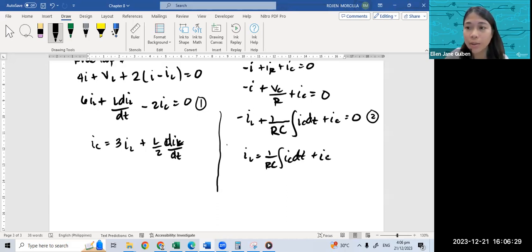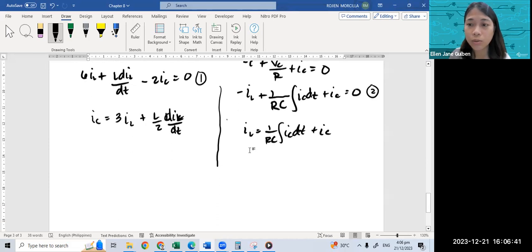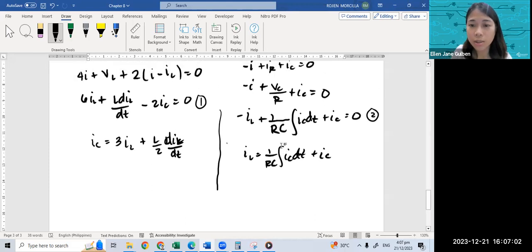So, which one do you want to substitute? You can choose. You want to get the capacitor current or the inductor current. Either way, you're going to substitute one of these into the other. Okay, so maybe let's just follow the IL path, so that we can get IL. So we will substitute equation 1 into the second equation.